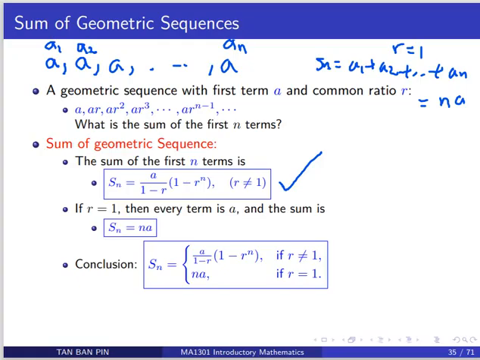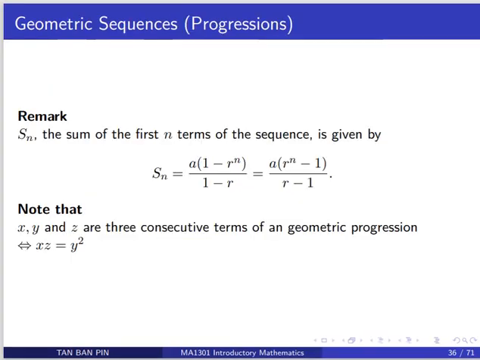So when you look at a geometric series, to find the sum, it will be the formula a(1 minus r^n) over 1 minus r if r is not 1, and it will be na if r is 1. And you take note that it can also be written in this way. If I give you x minus y, you can write it as minus (y minus x). You'll notice that if you multiply the minus sign inside, it gives you back x minus y.